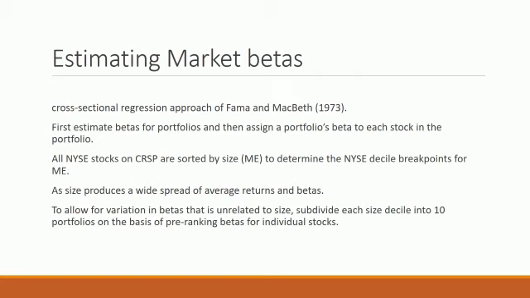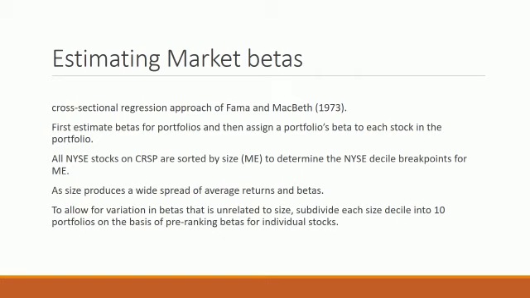Since size, earnings-price, leverage, and book-to-market equity are measured precisely for individual stocks, there is no reason to summarize the information in these variables by using portfolios in the Fama-MacBeth regressions. So the approach is to estimate betas for portfolios and then assign the portfolio's beta to each stock in the portfolio, which allows them to use individual stocks in the Fama-MacBeth asset pricing regressions.